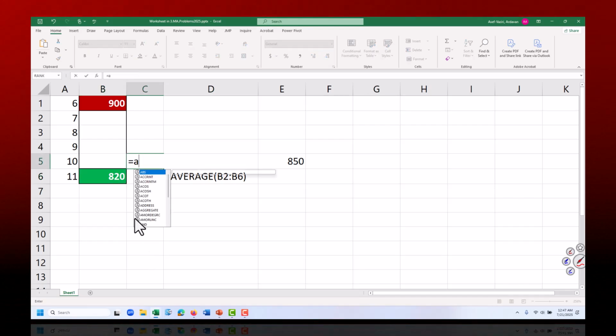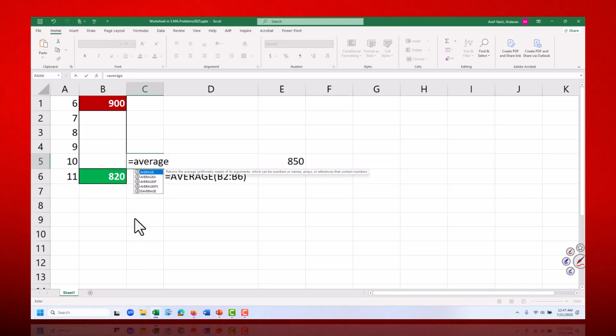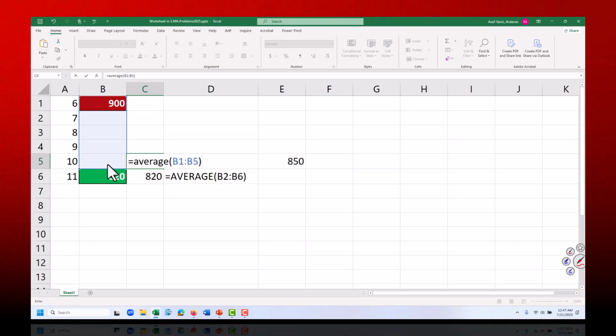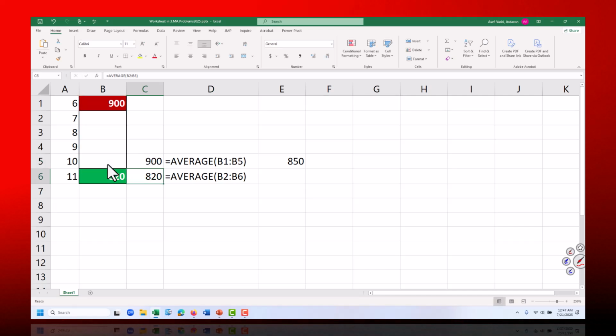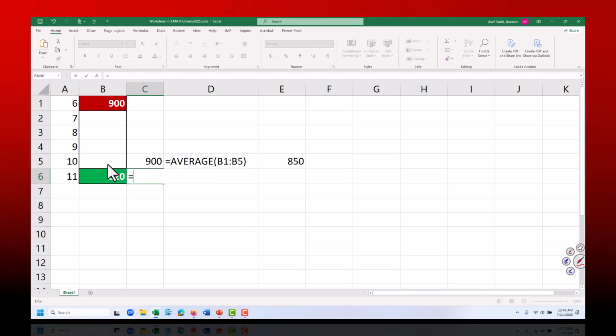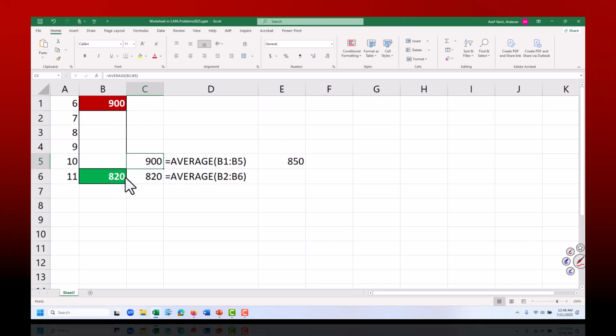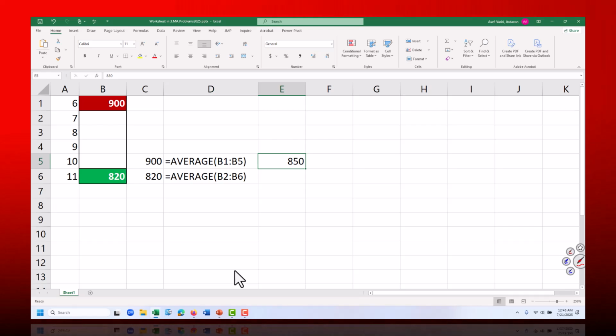We compute the average for months 6 to 10, that is the 5-period moving average in month 10, and then the average from month 7 to month 11, and that is the 5-period moving average in month 11. But this 900 was indeed 850. We said the 5-period moving average in month 10 is 850.